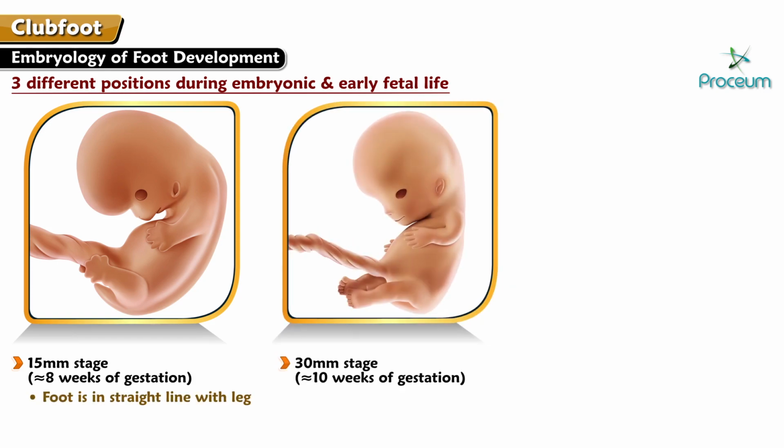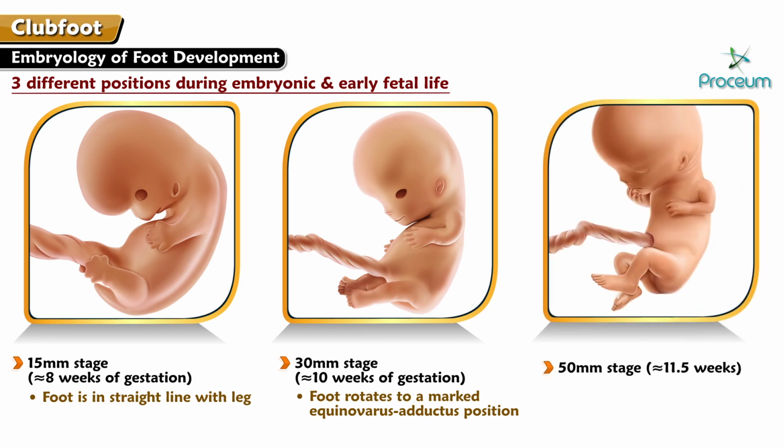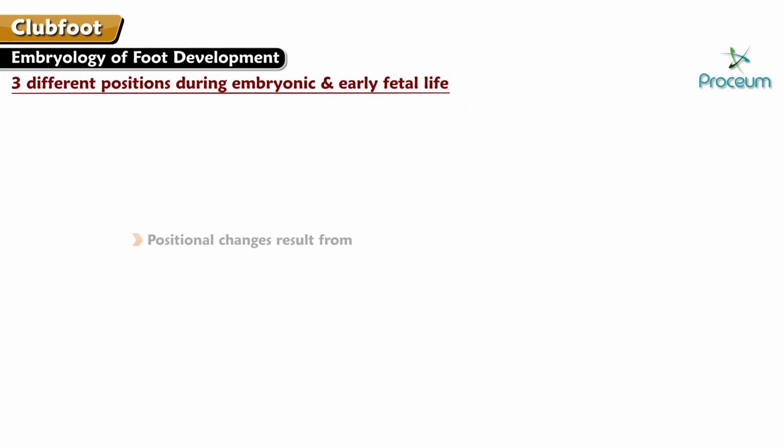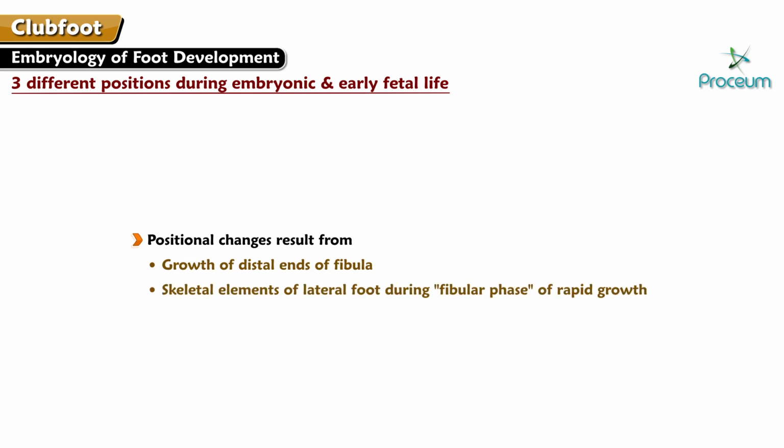By the 30 mm stage, approximately 10 weeks of gestation, the foot rotates to a marked equinovarus adductus position, and then by the 50 mm stage, approximately 11.5 weeks of gestation, it changes to a slightly equinovarus adductus position, which remains throughout the fetal life. These positional changes result from the growth of the distal ends of the fibula and the skeletal elements of the lateral foot during the fibular phase of rapid growth.